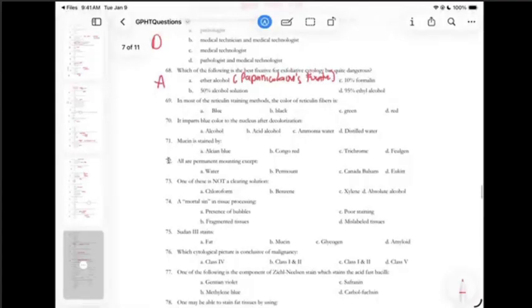Number 69. So in most reticulin staining techniques, the core of the reticulin fiber is, no? So reticulin fibers, these are the reticular fibers. No? So these are fibers that are delicate, no? Anastomosing. Pag sinabing anastomosing, nagbabranch.